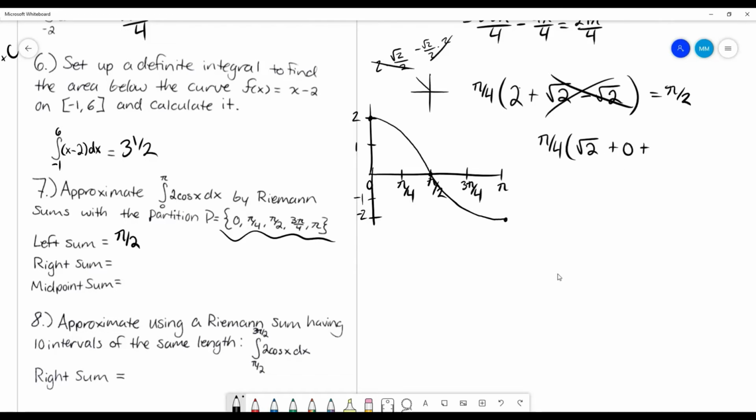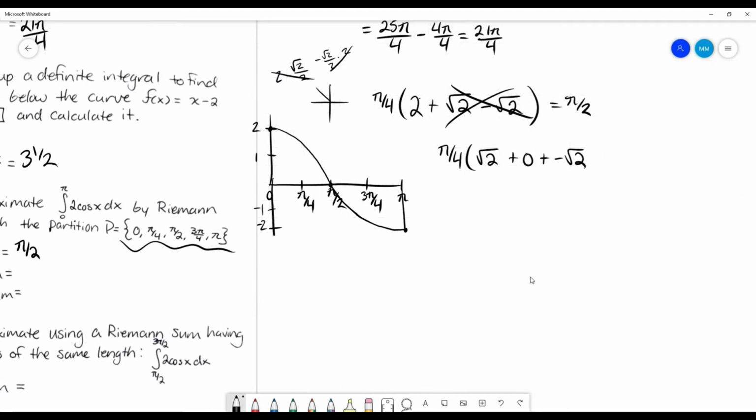And then this bit here, which we know is a height of that. And then you've got this. So I plug in a pi. I know it's a -1, so I'm going to get a -2. These cancel, so it's just -2 times pi over 4, which is negative pi over 2.